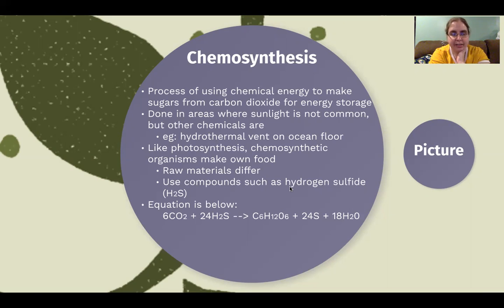We have 6 CO2 plus 24 H2S. So 6 carbon dioxide molecules plus 24 hydrogen sulfide molecules will yield 1 molecule of glucose, C6H12O6, plus 24 S plus 18 H2O. So it will yield 1 glucose plus 24 sulfur atoms plus 18 water molecules.